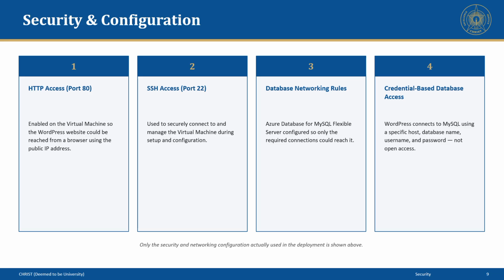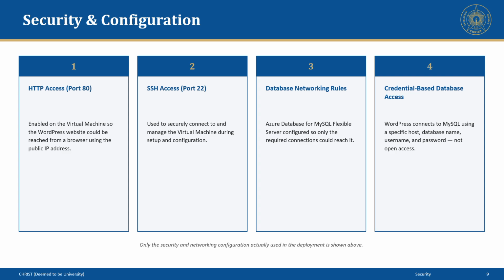For the networking and security configurations, I configured the required ports and database access. Port 80 was enabled so that users could access the WordPress website through HTTP. Port 22 was used for SSH, which allowed me to securely connect to and manage the virtual machine during configuration.